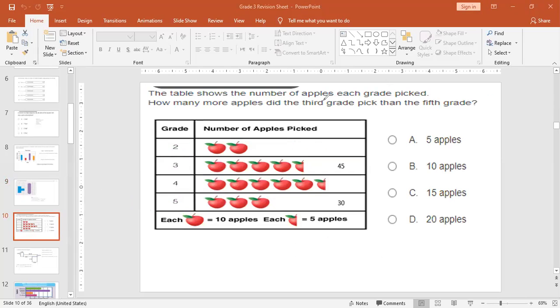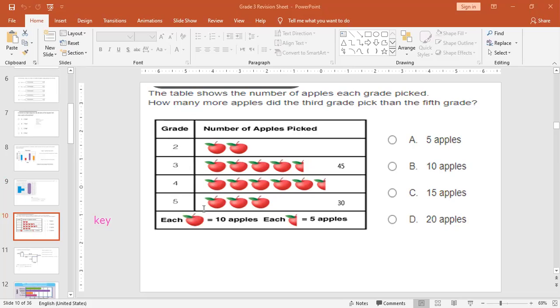The table shows the number of apples each grade picked. How many more apples did the third grade pick than the fifth grade? Here I have grades 2, 3, 4, 5, and the apples. Don't forget a very important thing that is called a key. What's a key, Miss Nani?